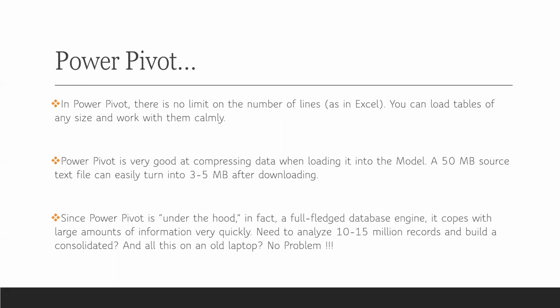Power Pivot is very good at compressing the data. If you have millions of records, it can compress in a way that it can retrieve the data very quickly. I will show you some examples of 55 to 100 million records, and how the data comes in a matter of seconds. But imagine a million-record file opening in Excel and doing some analysis. It's almost impossible.